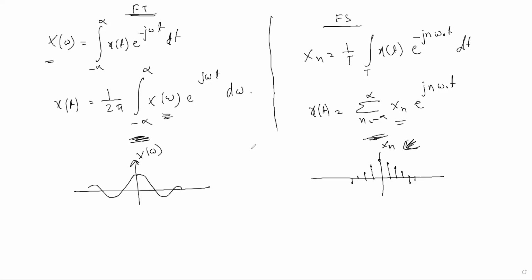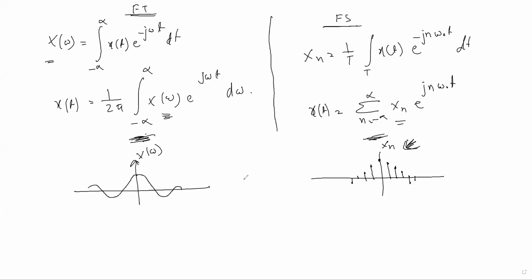Then I have explained how we can derive the Fourier transform formula, this integration from the Fourier series, which I have already given. Now, where is this Fourier transform applicable?